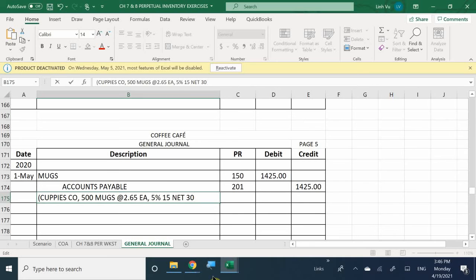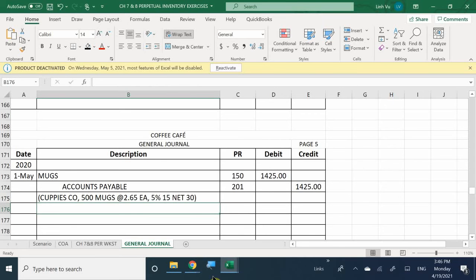Okay, right? We're practicing journalizing. We recognize that we have perpetual inventory. We purchase our mugs for $2.65 each plus our freight of 100, giving us a grand total of $14.25. And that's exactly what we owe on account.